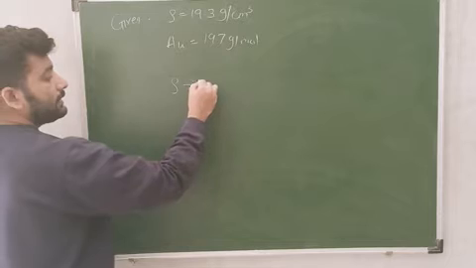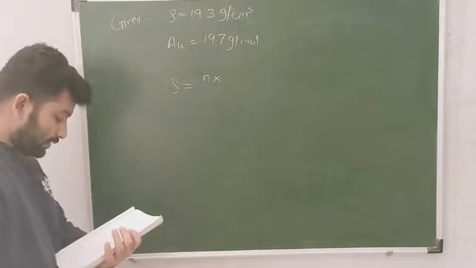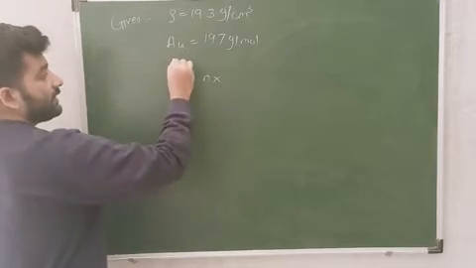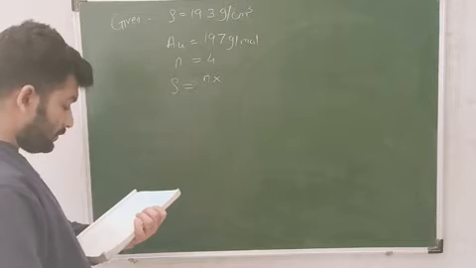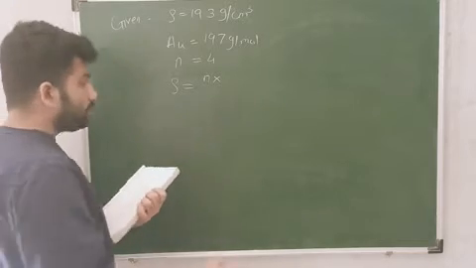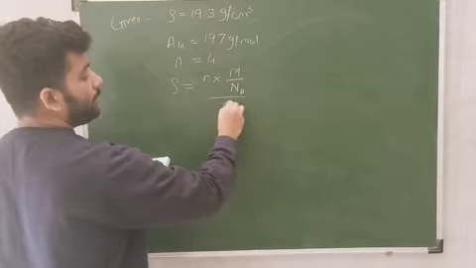So density is Z, the number of atoms. What is the crystal unit? FCC. FCC means face centered, so the value of Z will be 4. Next, Z into M upon Na into a cube.